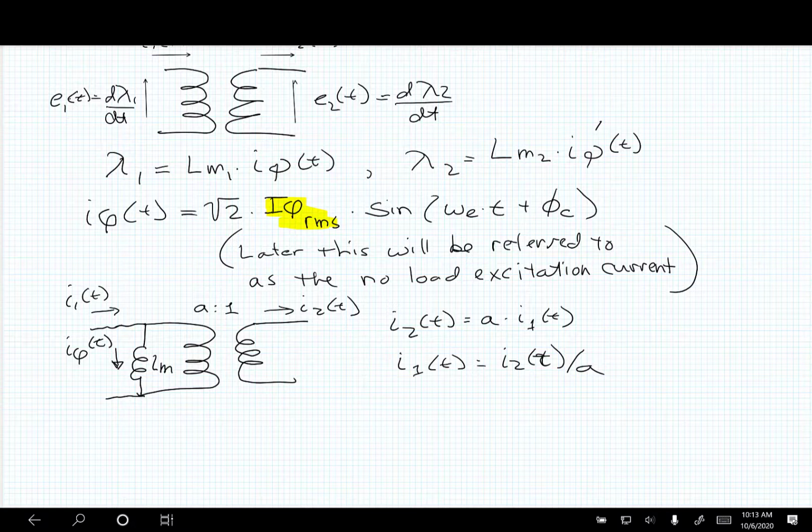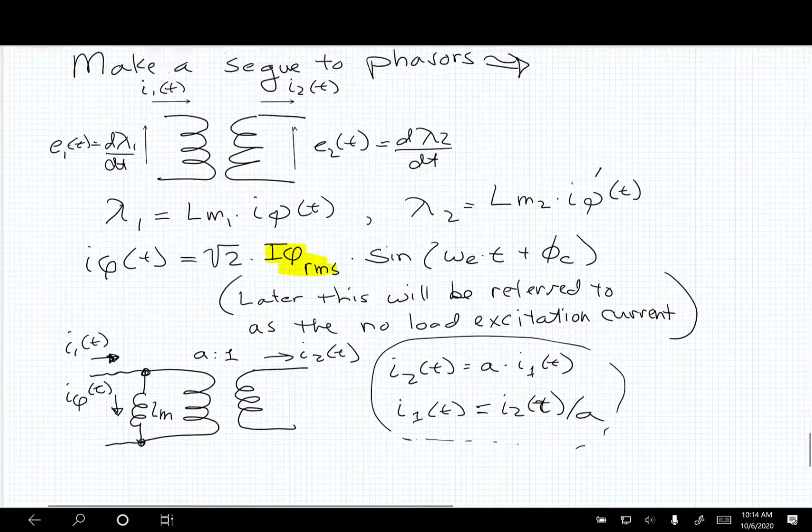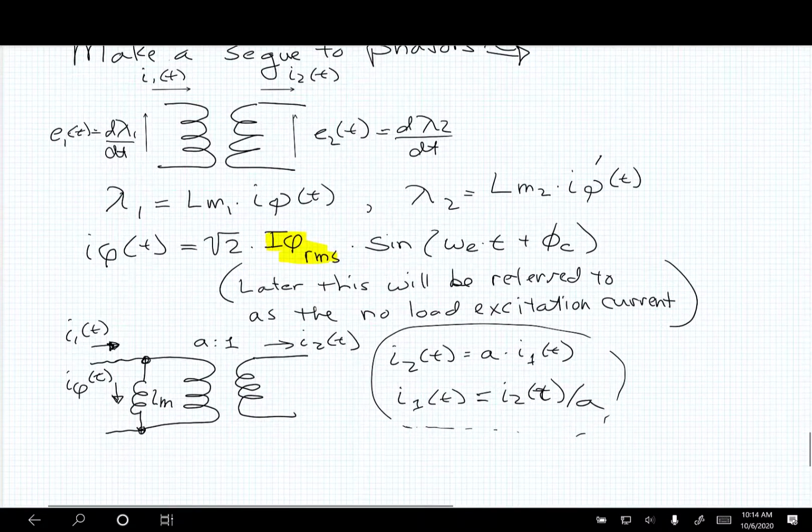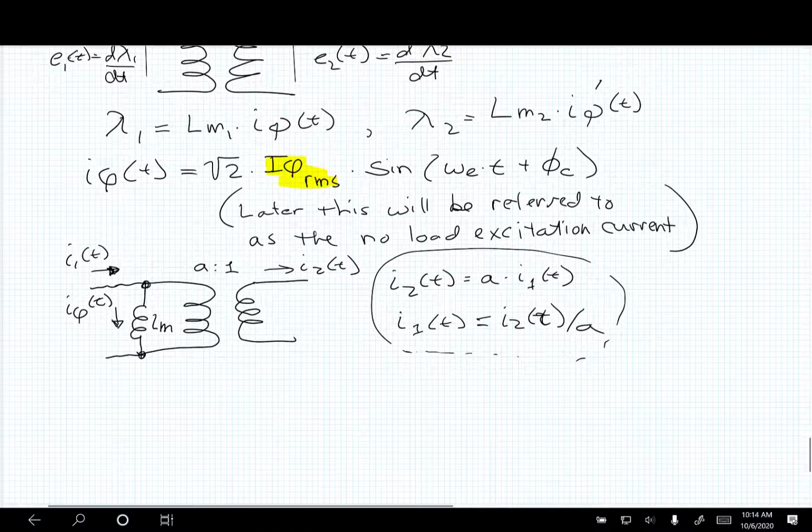And now what I just did here is I could say that this is not really I1 of t because I've added this branch here. Before, I had these currents, I could move them around however I want without having to worry about what I'm calling them.